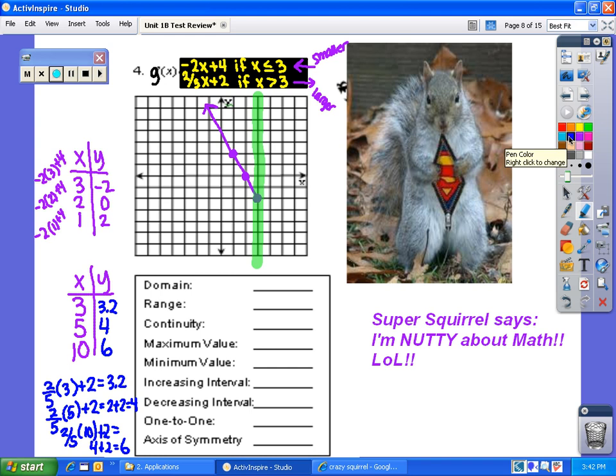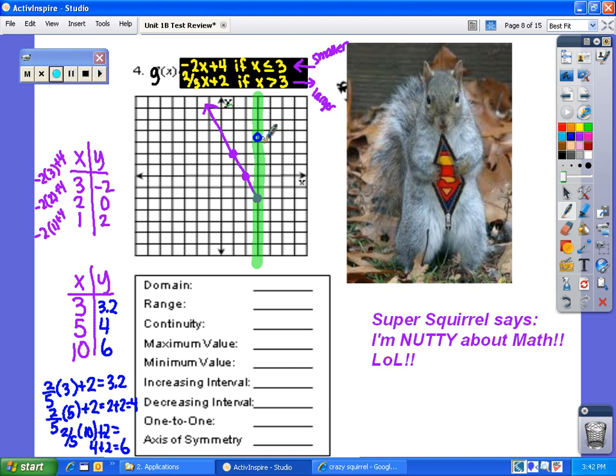Alright, the next one is 3 and 3.2. Well, 3.2 is actually going to be somewhere in between 3 and 4. So I need to go like right in the middle somewhere for 3.2.